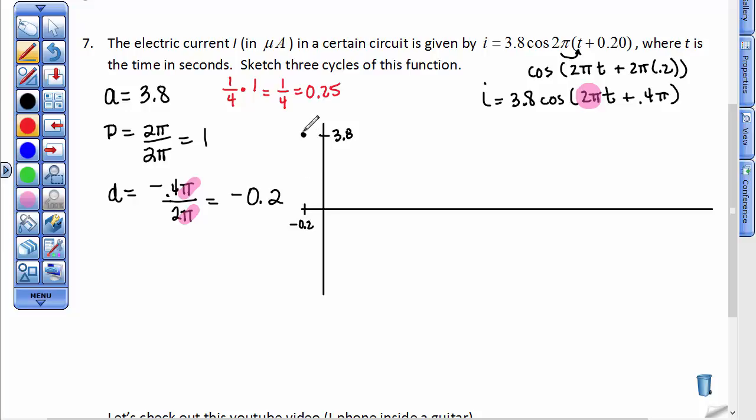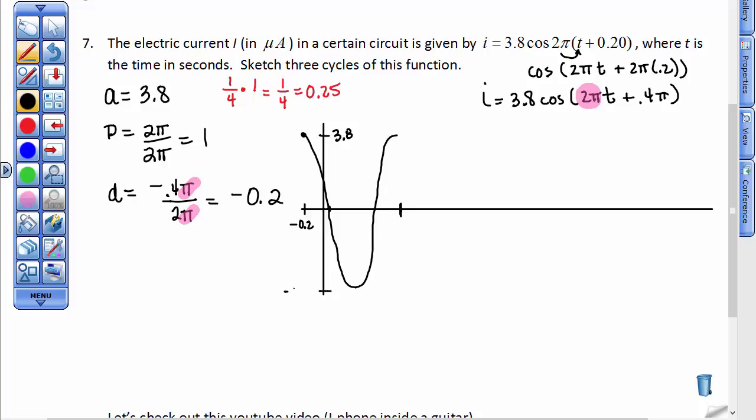So the first section of this curve is going to end at 0.05 right here, because I've got to move 0.25 seconds off to the right. So I'm going to put a little mark right here, and I'm going to try to force this cosine curve to be somewhat skinny and cross the x-axis right there. Here's another 0.25 and another 0.25 and another 0.25 to get through one period of this cosine curve.